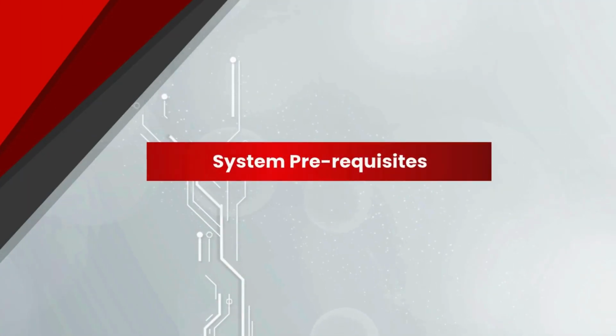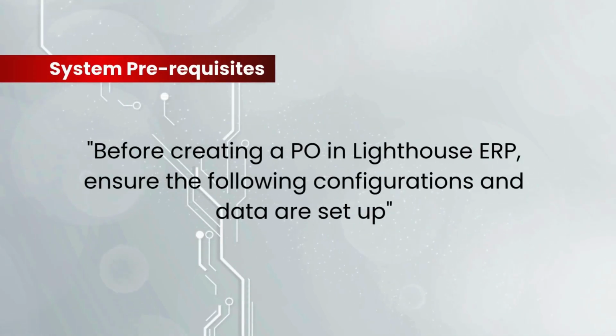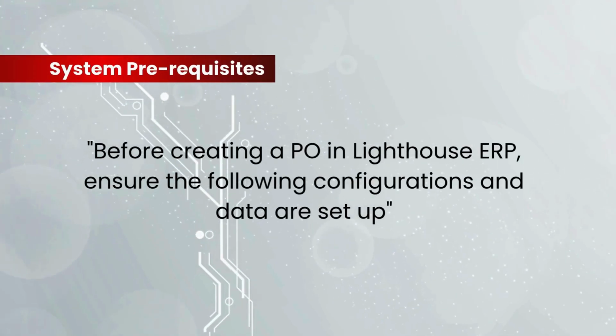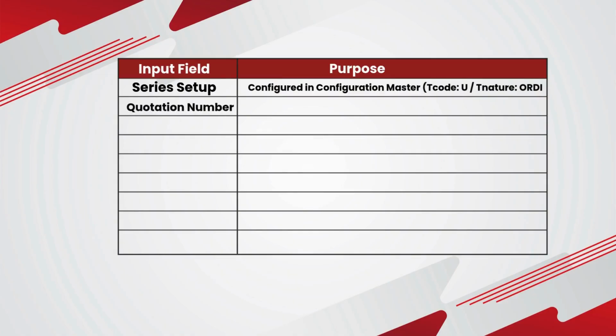System prerequisites. Before creating a PO in Lighthouse ERP, ensure the following configurations and data are set up. Input field and purpose. Series setup: configured in Configuration Master, T code, nature, or D. Quotation number: required if the PO is based on an approved quotation.